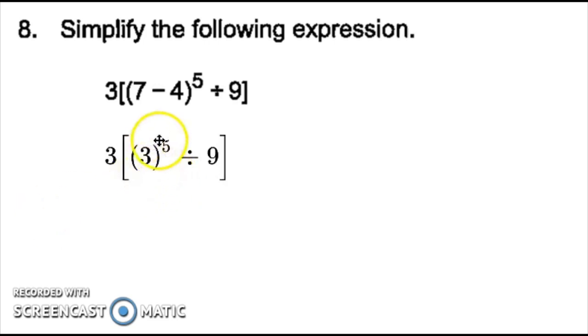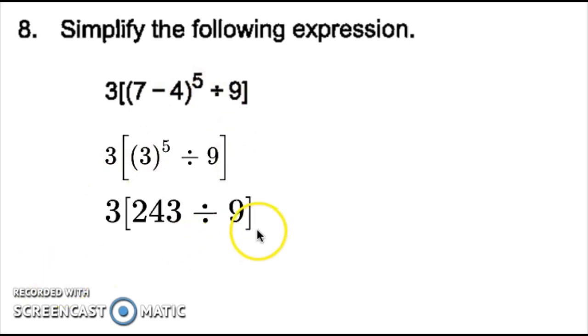So we have 3 to the 5th divided by 9 in the brackets that still have to be done. So 3 to the 5th is 243 divided by 9. Again, we're still doing everything in the brackets first before we touch the outside 3. So 243 divided by 9 is going to be 27. Then 27 times 3 is 81. So your answer for number 8 is going to be 81.